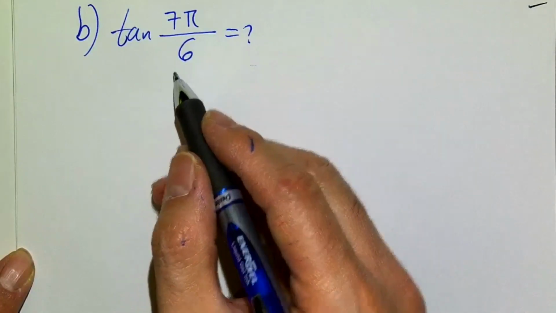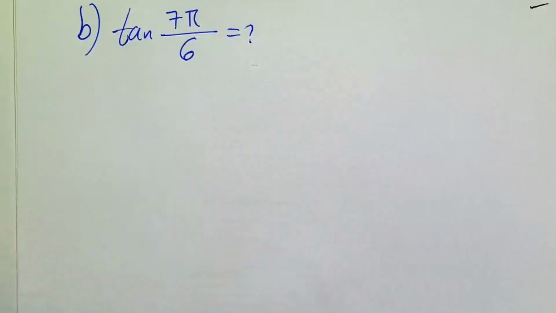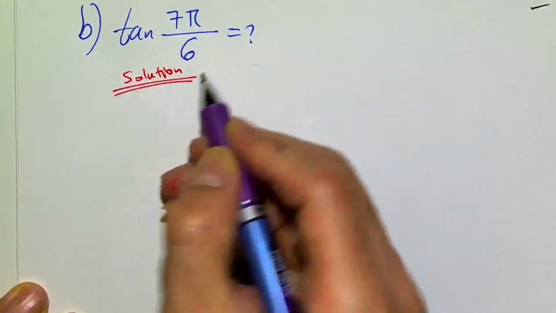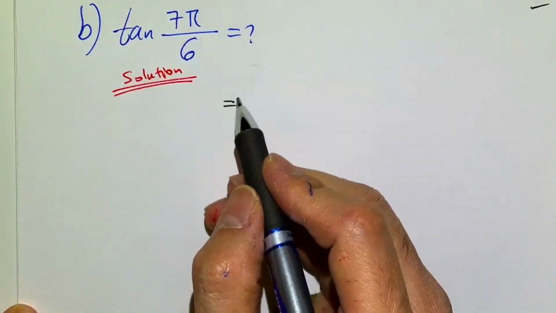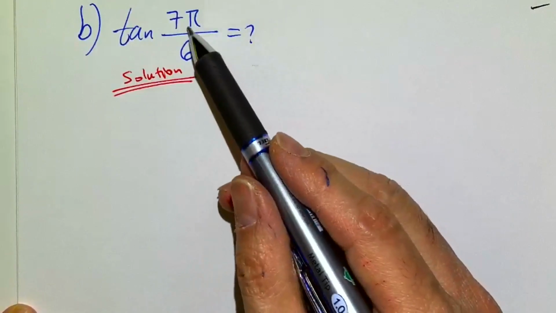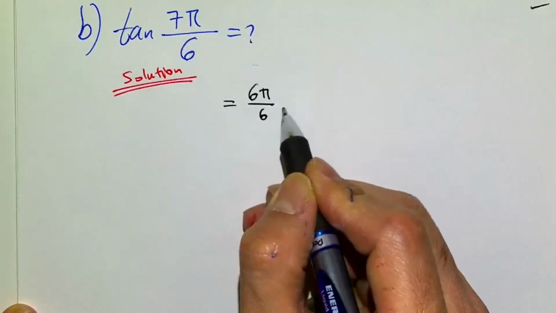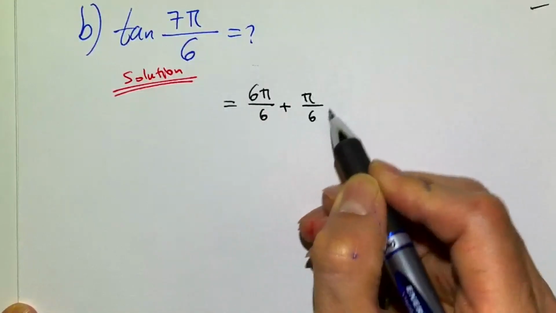So this would be the solution. So that is equal to, let's see, 6 pi over 6 plus pi over 6, right?